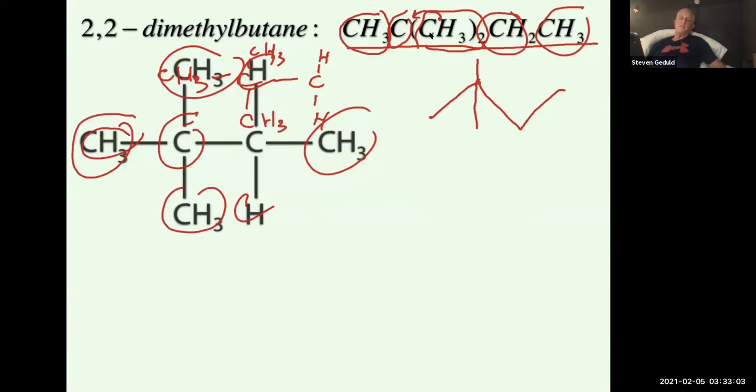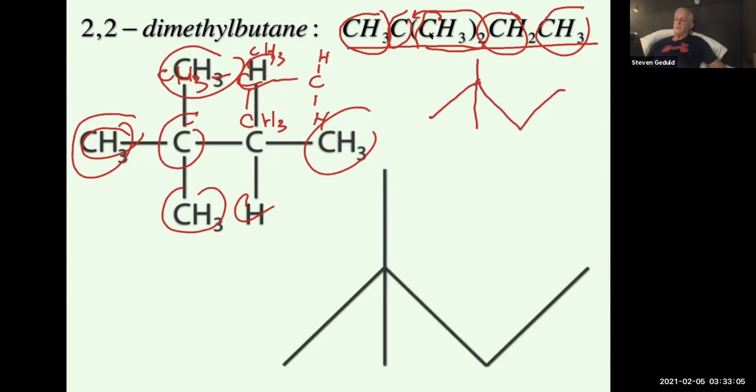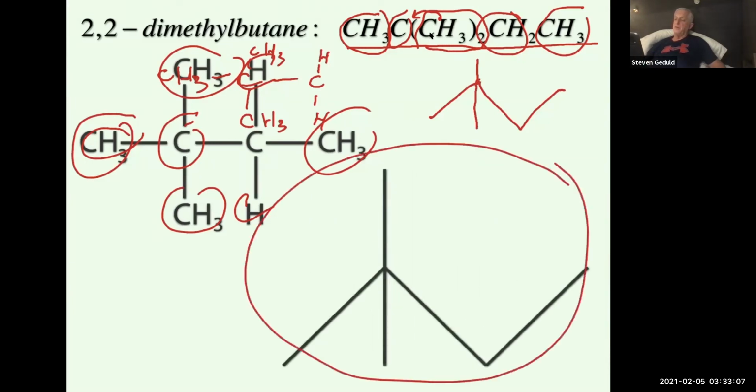And that's what your line formula would look like. 4 carbons: number 1, 2, 3, and 4. At the second carbon, there are 2 CH3 groups. One here and another one here.